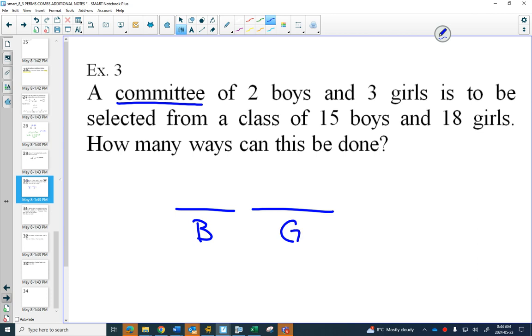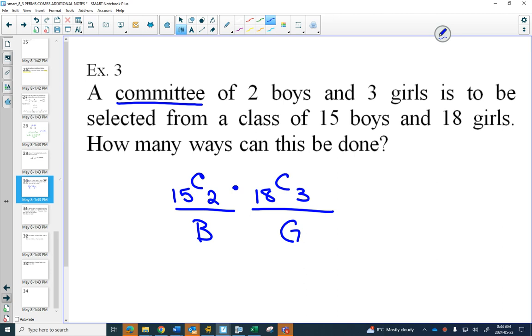So we'll see that sometimes some of the techniques that we learned earlier to solve permutation questions also come up in combination questions. Now, since the order doesn't matter, it'll be 15 choose 2 for the boys, and 18 choose 3 for the girls, and with decisions, we would always multiply in between.